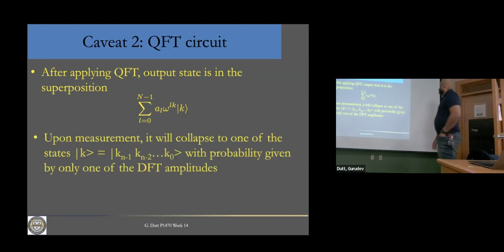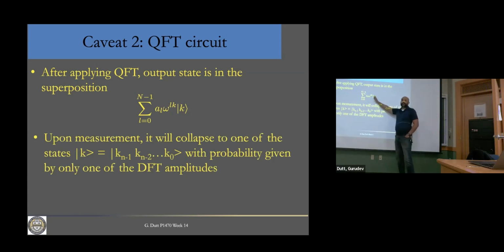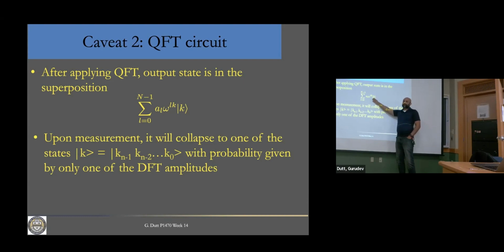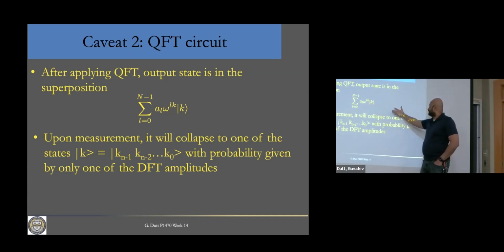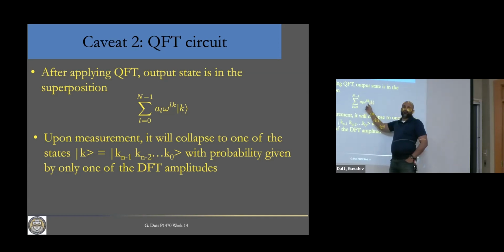So upon measurement, though, it'll collapse, right? That's what happens on measurement. That whole thing is going to collapse to one of these states, some bit string, out of this entire superposition, whose probability is given by the modulus squared of this coefficient.